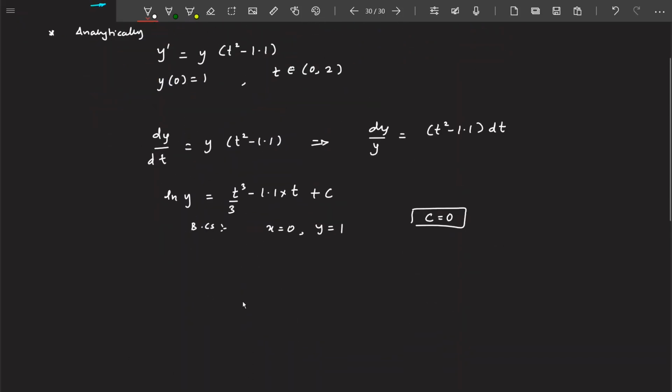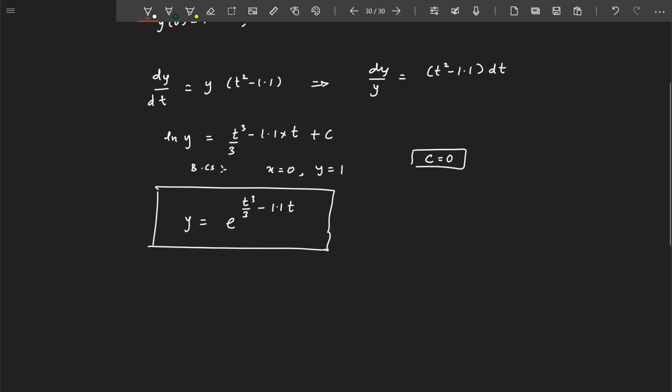And if you do that, the equation that you get is y is equal to e raised to t cube divided by 3 minus 1.1 t. So this is the unique solution of your differential equation.